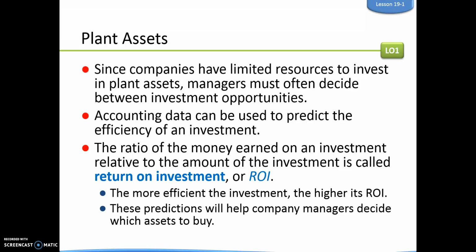And essentially it's the ratio of the money earned from that investment relative to the amount of the investment. So essentially, how much is it making versus how much did we pay for it? The more efficient an investment is, the higher its ROI is going to be. And obviously, we do this to try to help managers make better predictions about which asset is going to be the best for our company to buy.